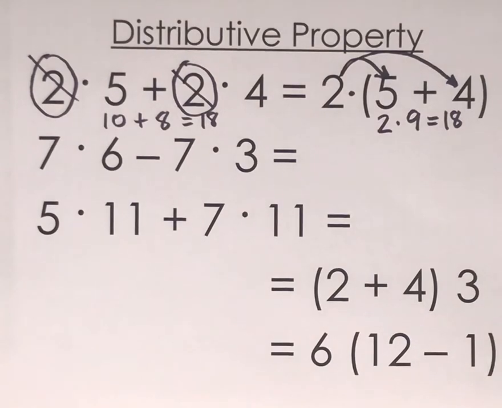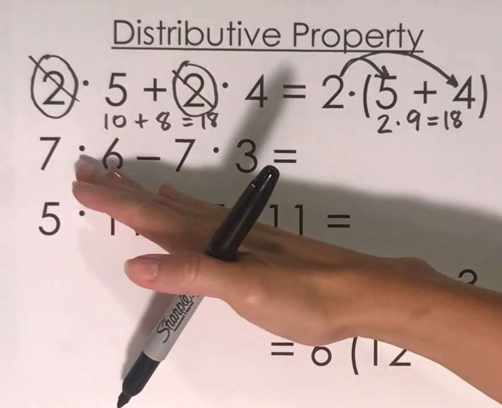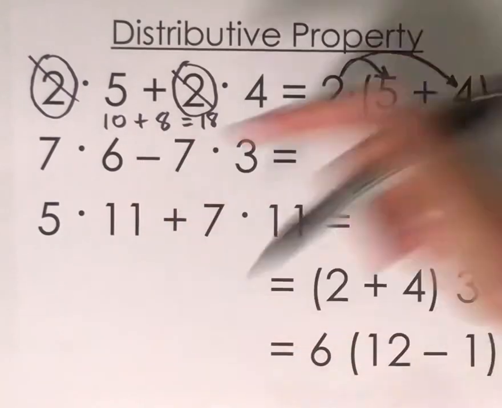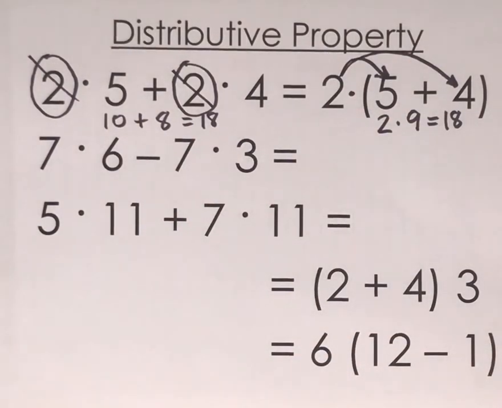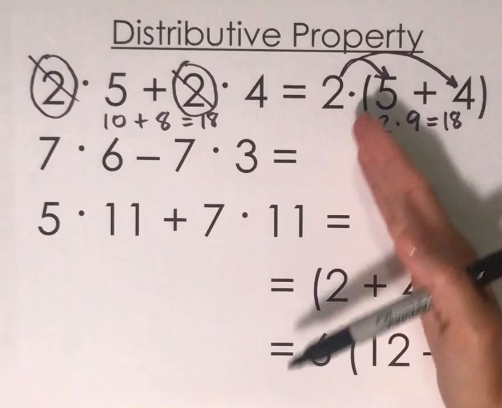So let's practice some of that kind of distributing. So if you look here, I've got 7 times 6 minus 7 times 3. So this time I have a minus sign, so make sure that you're looking at your signs when you set this up. So I'm going to share that number. I'm going to try to put it in a parenthesis.